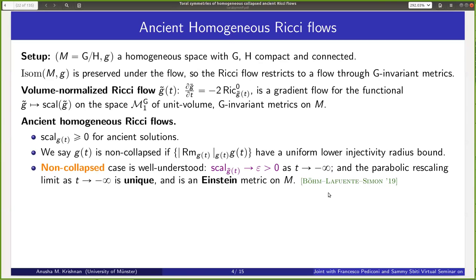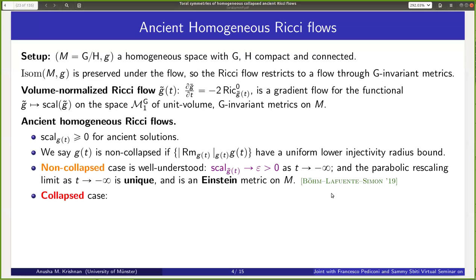And even more, it's known that the parabolic rescaling limit as you go back to minus infinity is unique and is an Einstein metric on the manifold. So this is something special that happens in the homogeneous setting. This is known by work of Bohm, Lafontaine, and Simon. Okay, so the non-collapsed case is quite well understood.